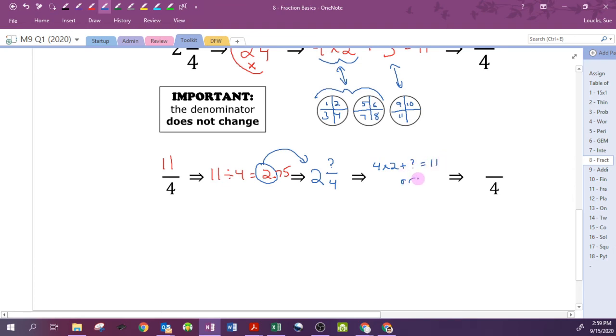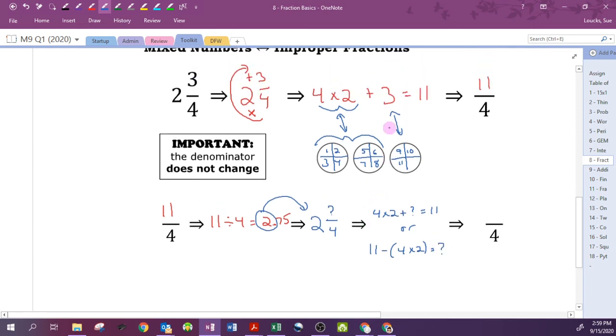Or I might go 11, and I'm going to take away 4 times 2 equals my something. Okay, so I'm kind of using the way I do this up at the top here, where I've got 4 times 2 plus 3. And so here I've got 4 times 2 is 8. And how much more do I need to get to 11? Okay, so if I've got 4 times 2 is 8, I need 9, 10, 11, I need 3 more. So my answer is going to be 3/4.